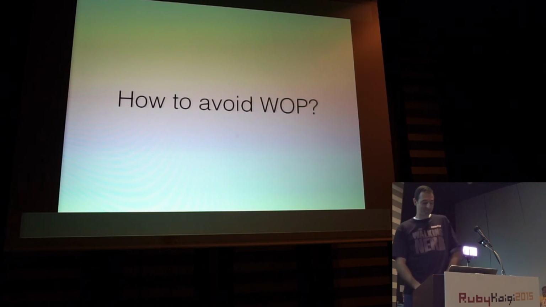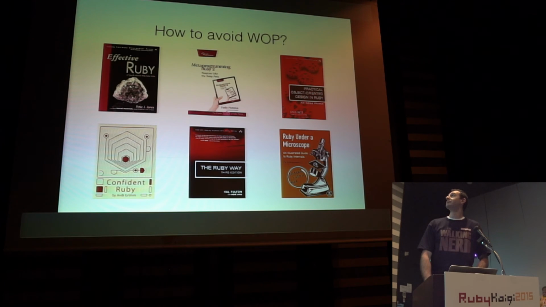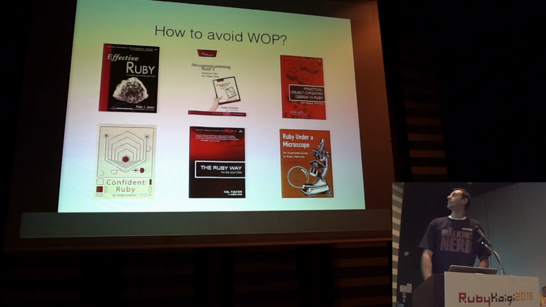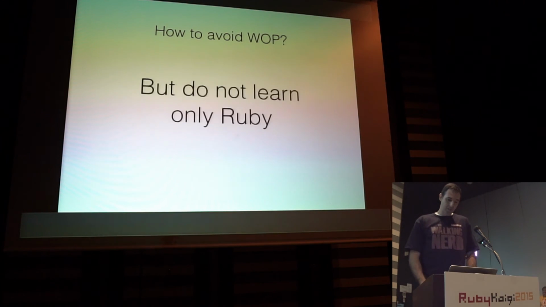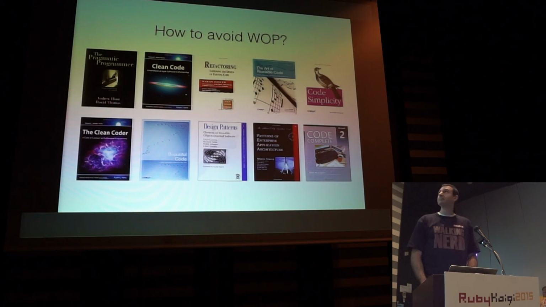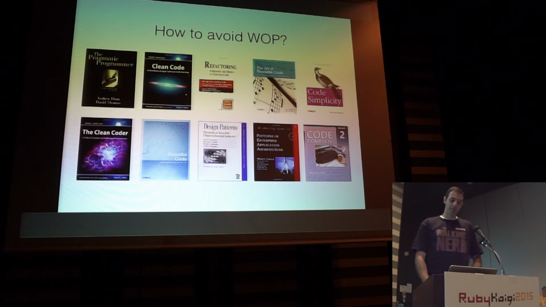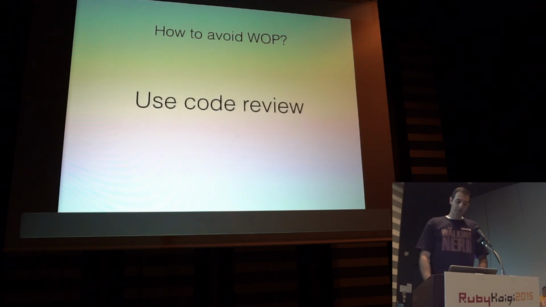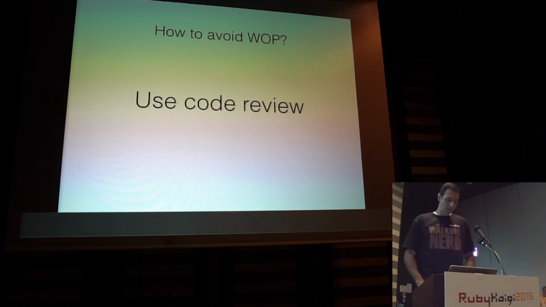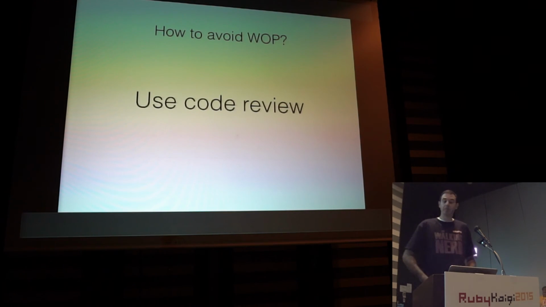How to avoid? Read a lot. Ruby. But do not learn only Ruby. We are software developers, not only Ruby coders. Use code review. Have a minimal flow of pull request and code review before merging the commits.